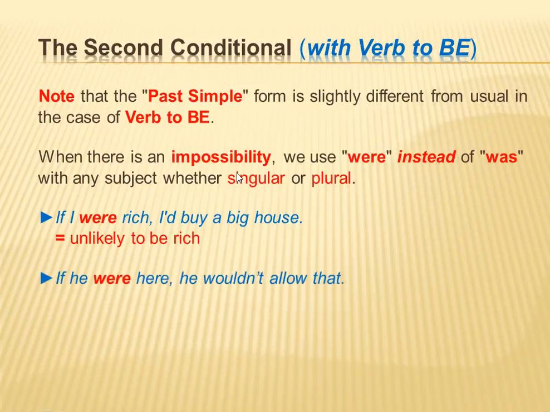If he were here, he wouldn't allow that. Actually, he is not here. Maybe he went somewhere, or he went outside to another place. He is not here. He is somewhere else.